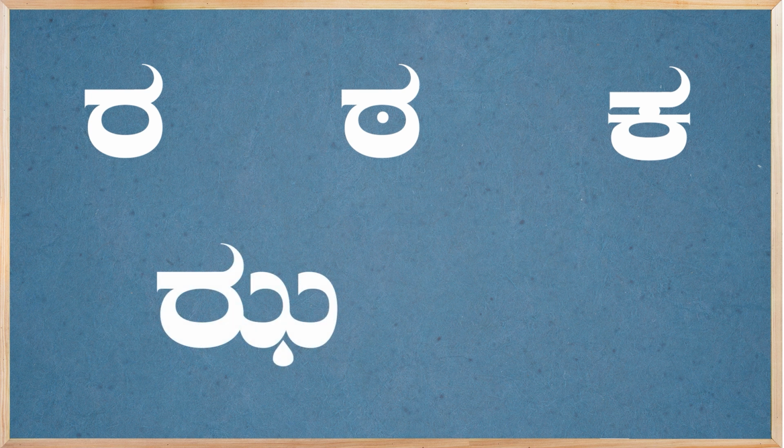Key vowel features in Kannada script. A. The base vowel sound inherent in all Kannada consonants unless otherwise marked. Talekattu symbol denotes the inherent vowel A in letters like Ra, Dha, Ka, Jha, Ya.